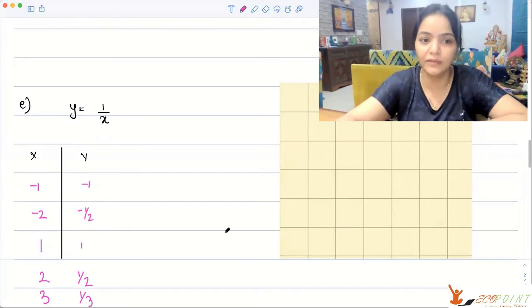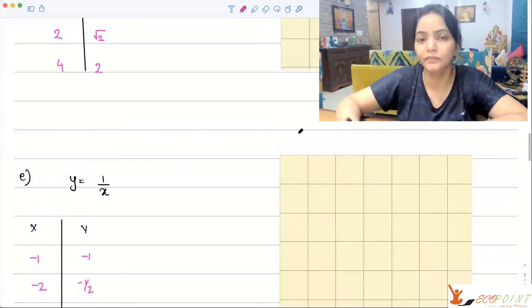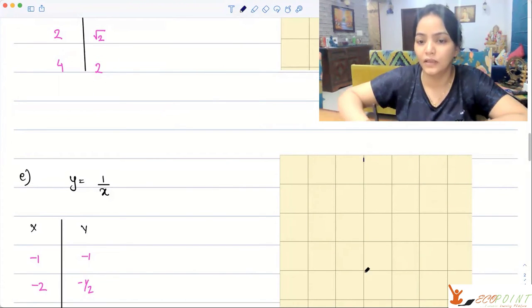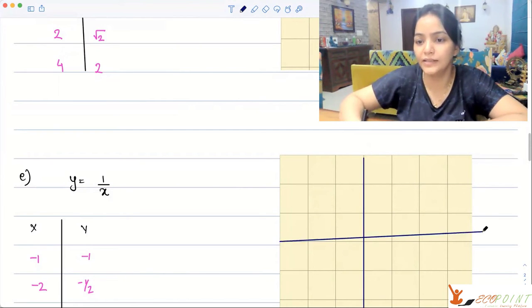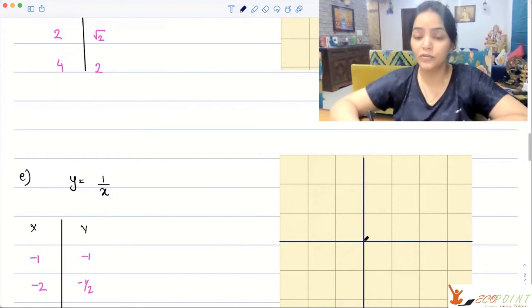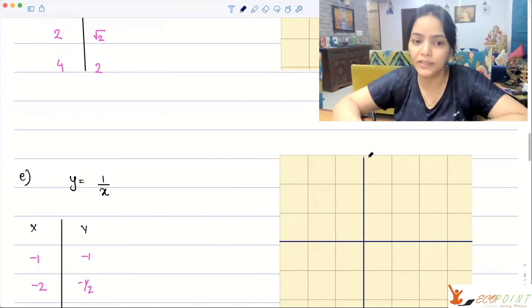So if we graph it, what will we get? This is your y-axis, say this is your x-axis. My input would be positive, negative. It's not crossing 0, 0. At 0, in fact, you have infinity.